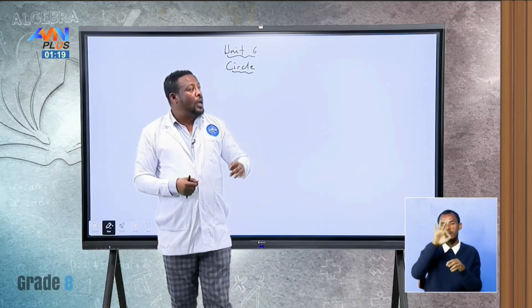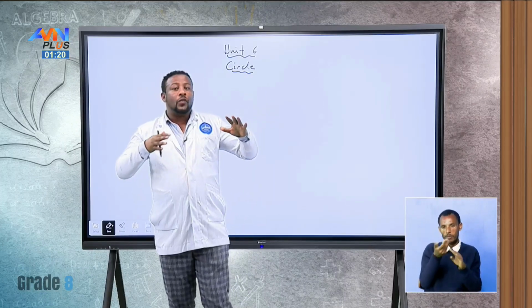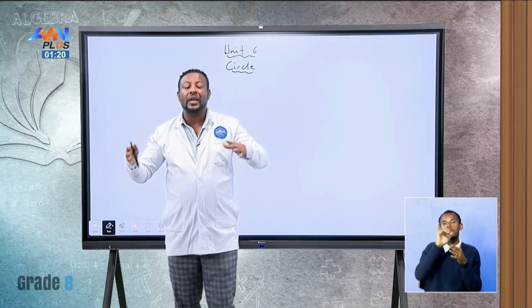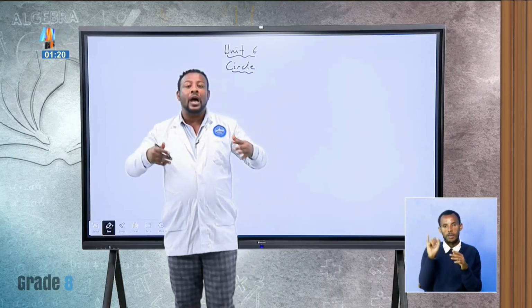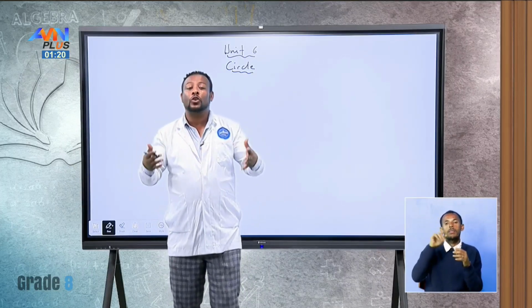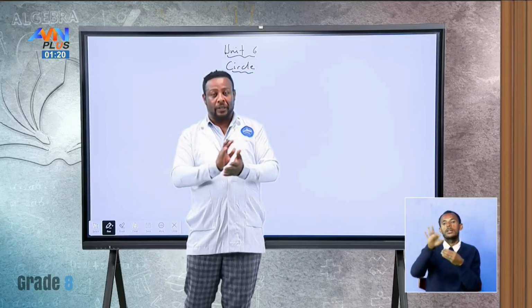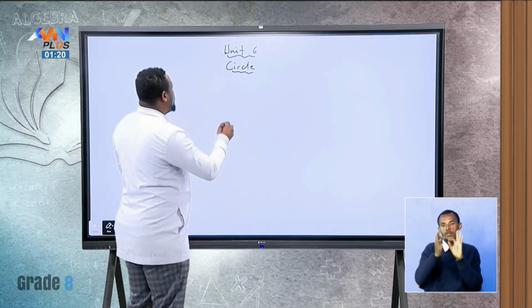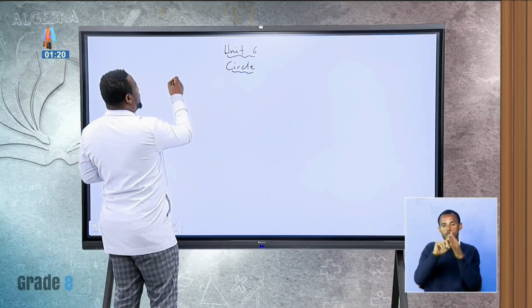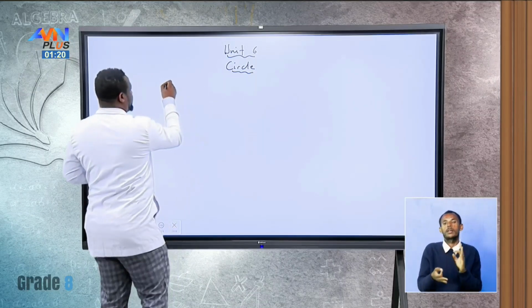Okay, so before we see some terms regarding circle, I will tell you different terminologies regarding a circle. We will also see the definition of a circle. Let us formally start our discussion by defining a circle.